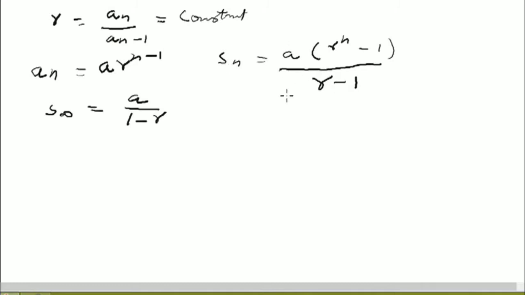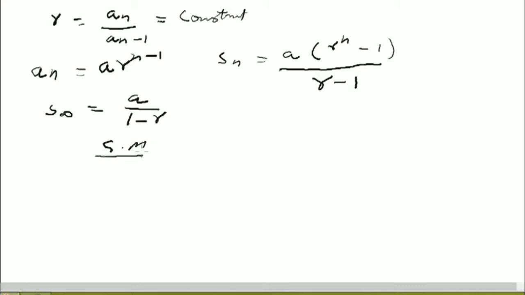So no formula for finding the infinite sum, because in that case it will be infinity. So be careful, r should be less than 1, not equal to; if it is equal to 1 it is going to be infinity. So we can easily find the sum of n terms, and this sum of infinitely many terms.